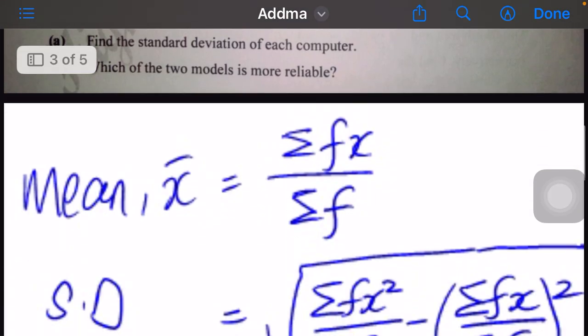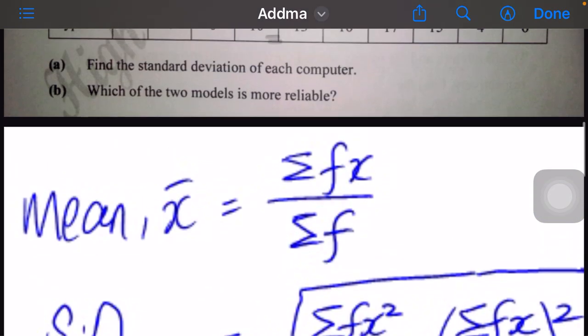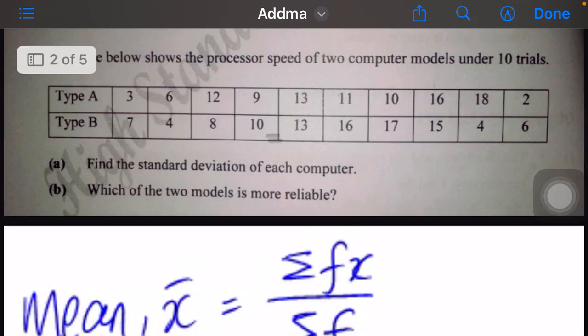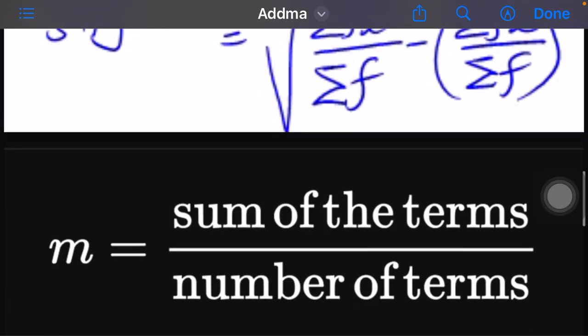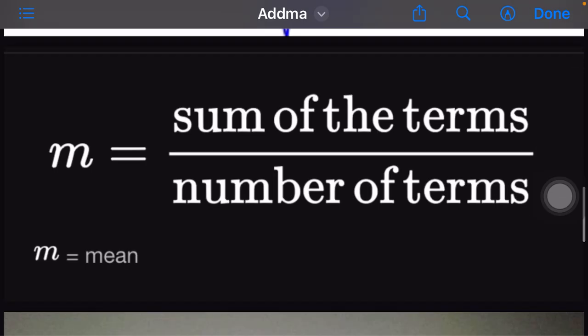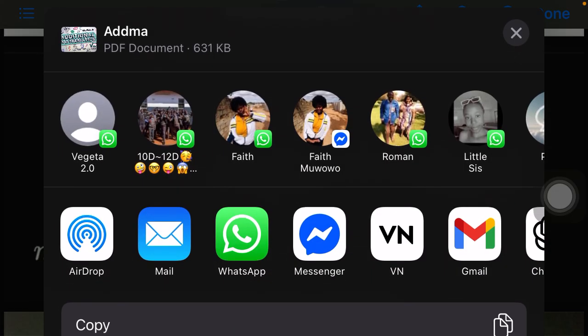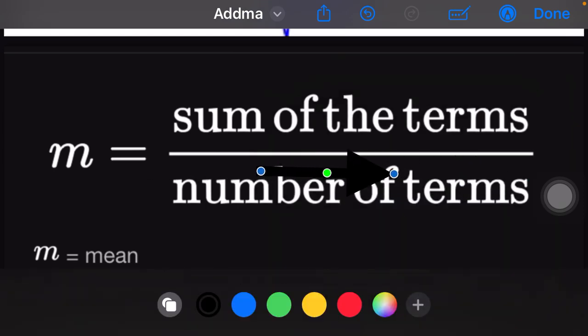Since we know the formula for the mean and the formula for SD, you need to know how to arrange these figures into this form for finding the mean. So this is the formula we're going to use for finding the average.